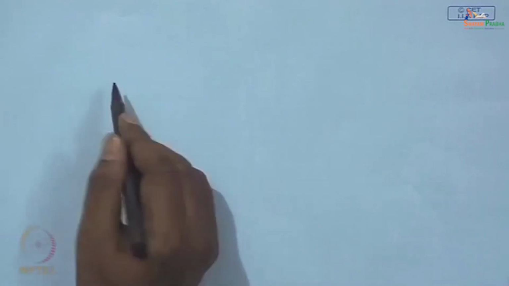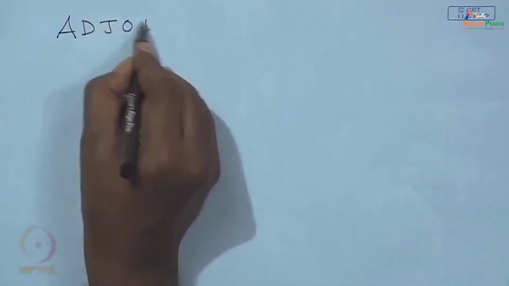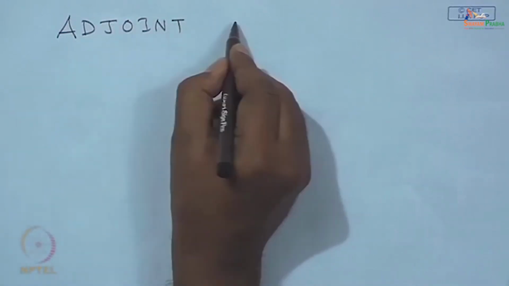Next, we will just talk about the adjoint operator, that is quite important whenever we are solving a chemical engineering system in continuous domain. So, we start with adjoint operator.